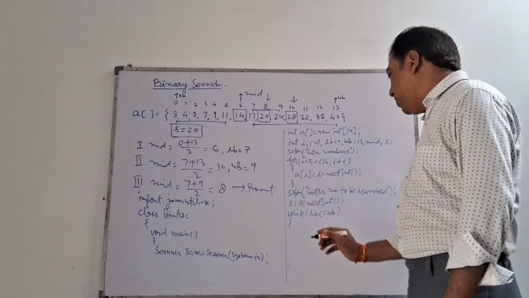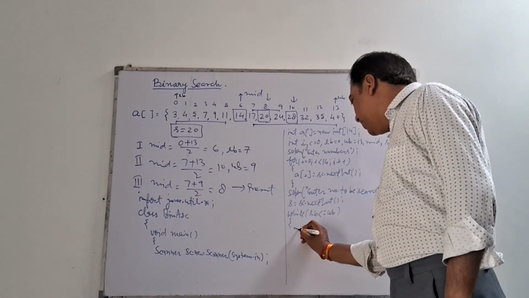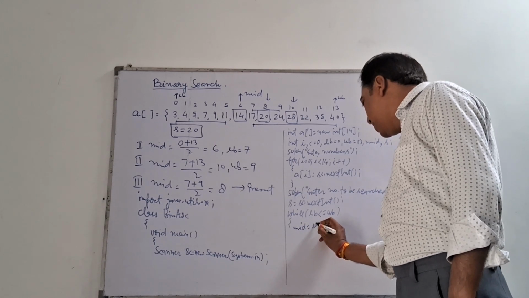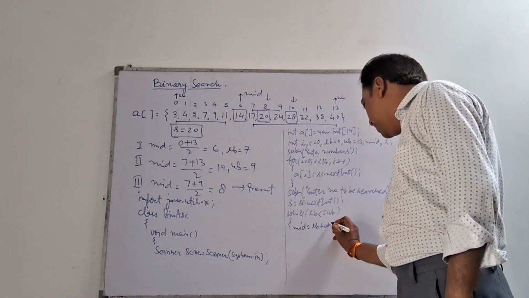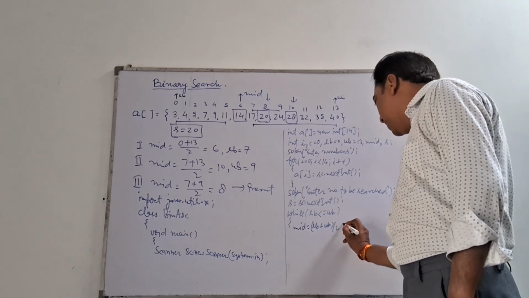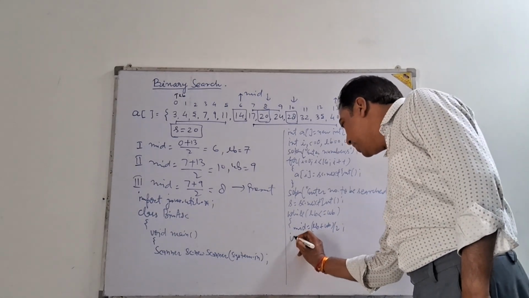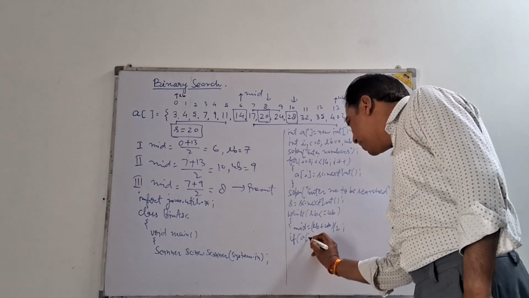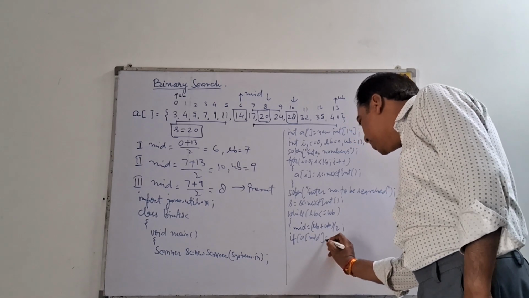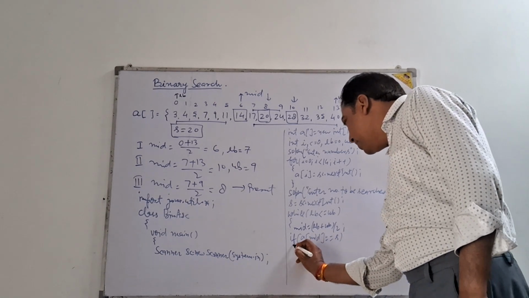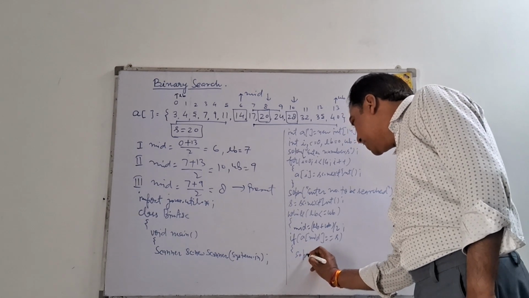So while LB less than or equal to UB, then mid we will find here, mid is equal to (LB plus UB) by 2. The number will be compared on the middle index. So if a[mid] is equal to the searching number, we can display the message number is present.